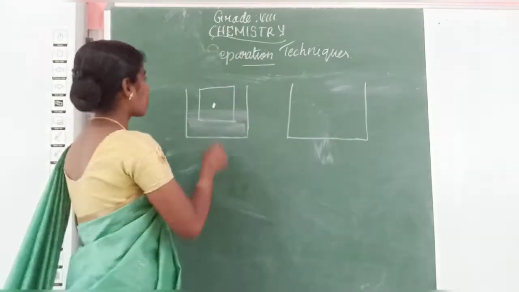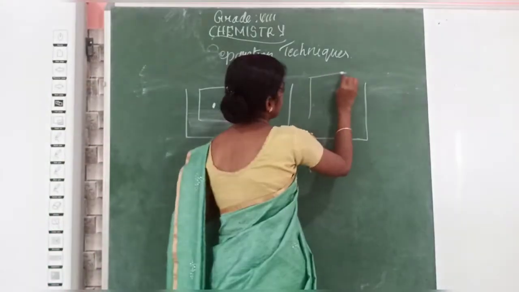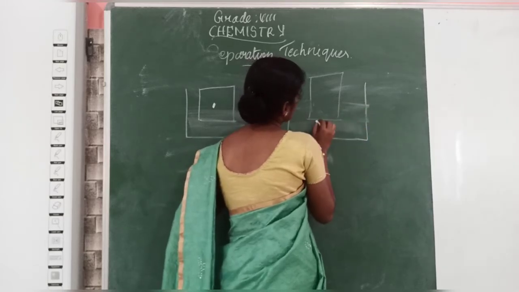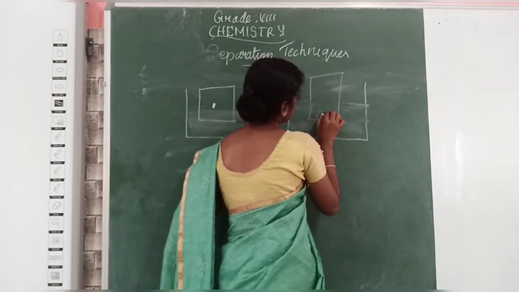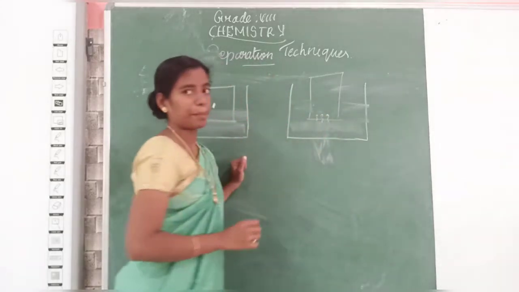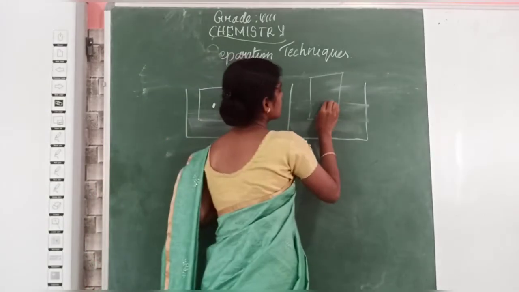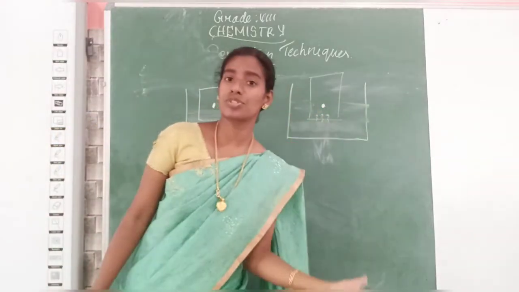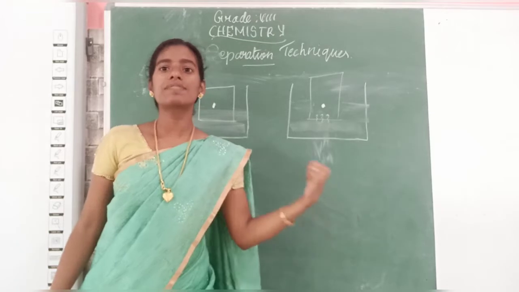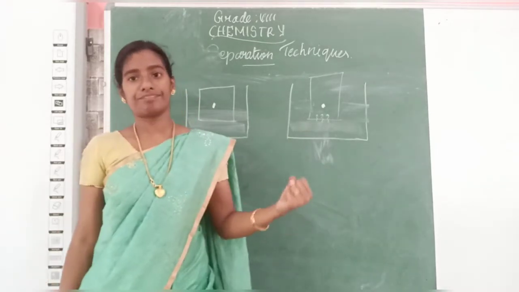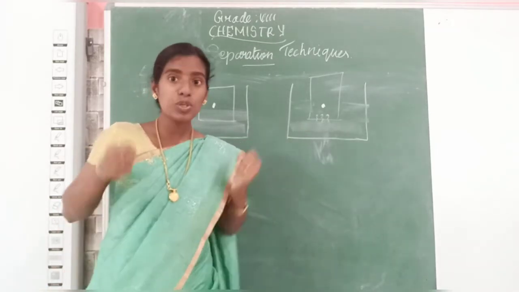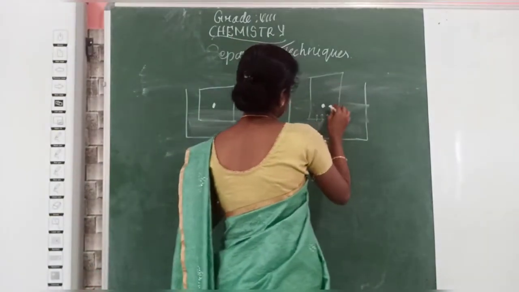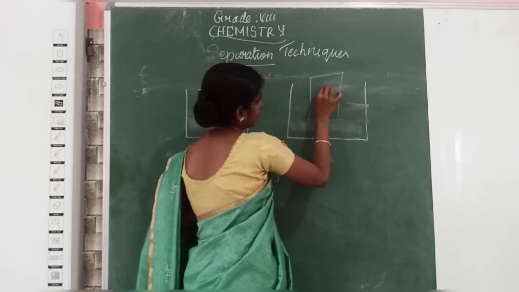Now you have dropped this ink. What happens is, when you put this paper in the solvent, the water starts moving into this filter paper. When this water reaches this ink point, this ink will have many constituents. The constituents which are more absorbed by the water will move faster and go to the top.